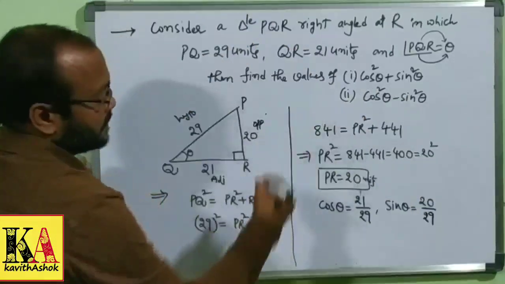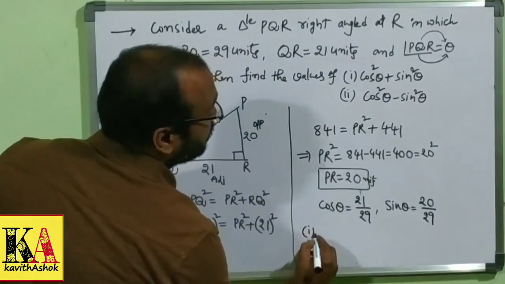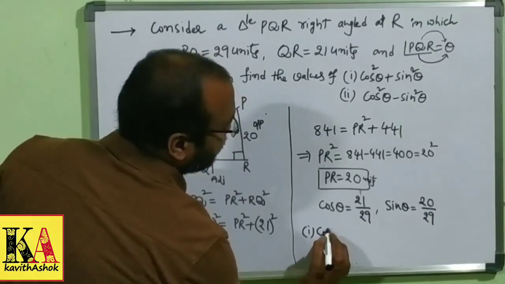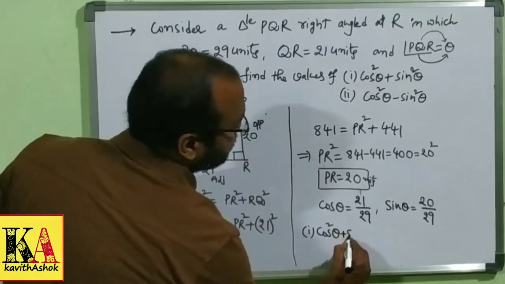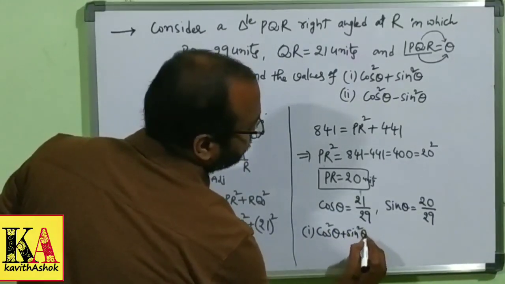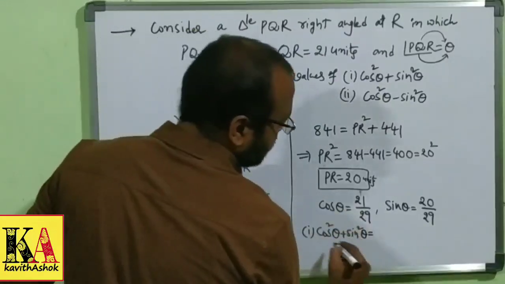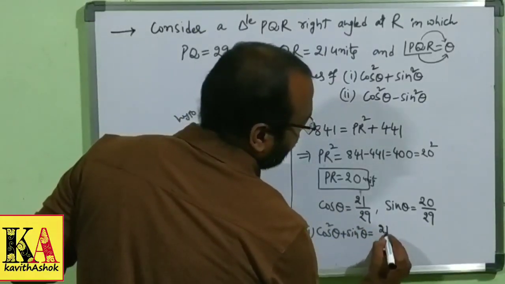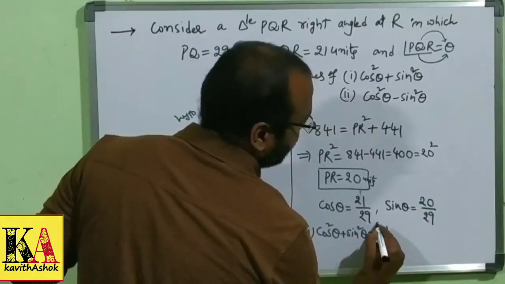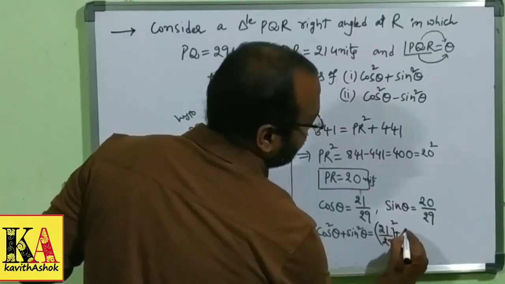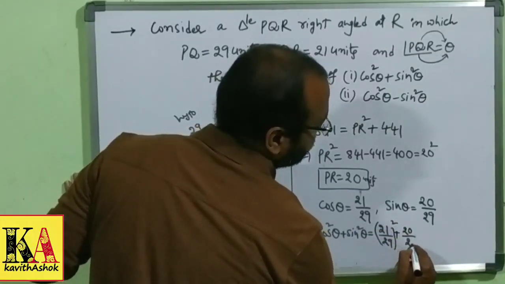Now we can calculate the first one. What is this here? Cos square theta plus sin square theta. This is equal to cos square theta, in the sense (21 by 29) whole square, plus (20 by 29) whole square.